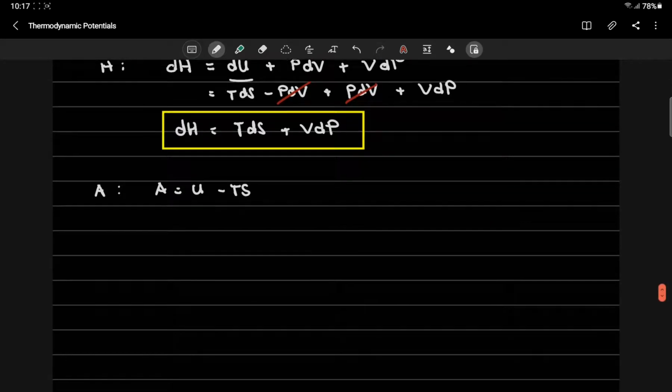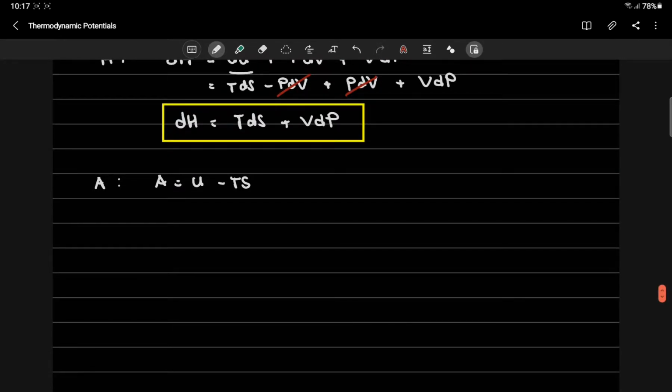So let's do the same. Let's differentiate this equation. So we'll have differential A equals differential U minus the derivative of a product again. So that will become minus TdS, minus SdT.